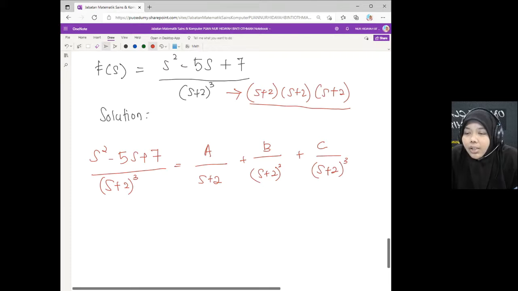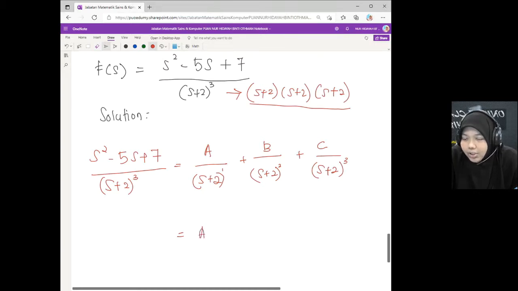Okay, bila kita dah buat yang ini, second step is kita kena samakan denominator for each A, B and C. Untuk yang ini kita mesti dapat pembawah dia adalah s tambah 2 to the power of 3. So for the first one, A, s tambah 2 adalah kuasa 1. Kat sini dia ada kuasa 1 lah, so kita kena darab lagi dengan s tambah 2 yang berkuasa 2.